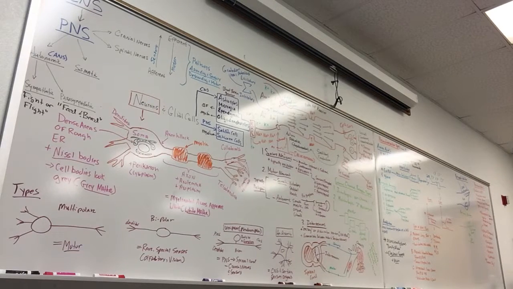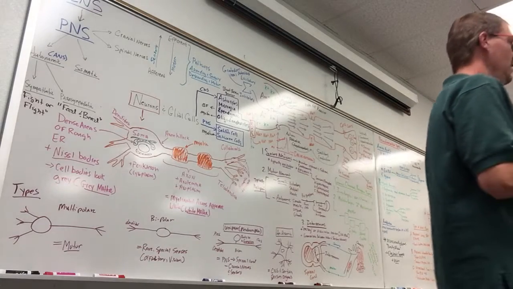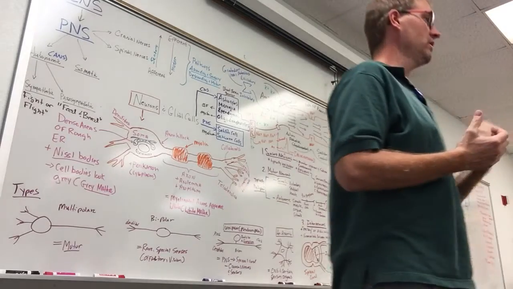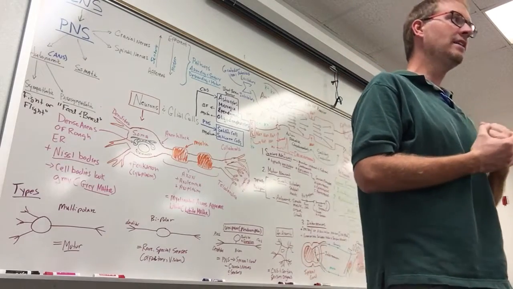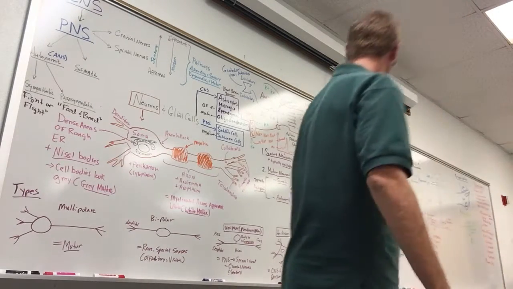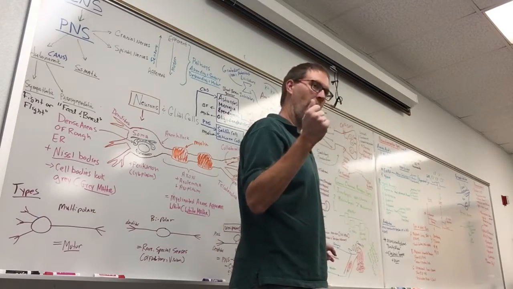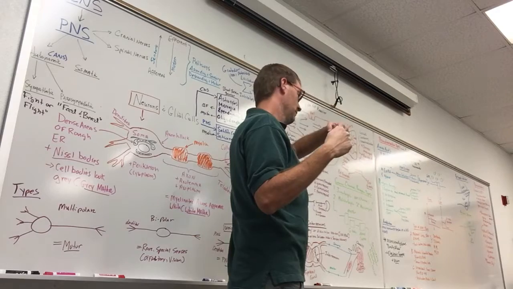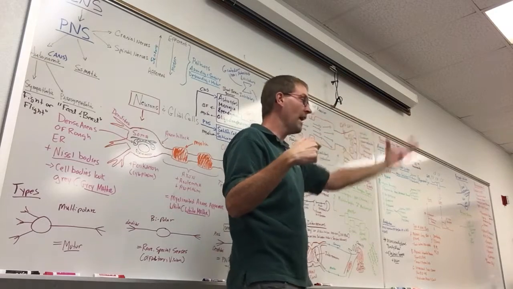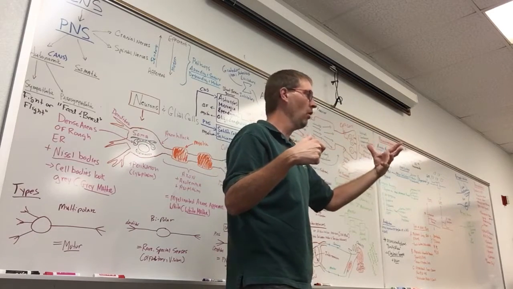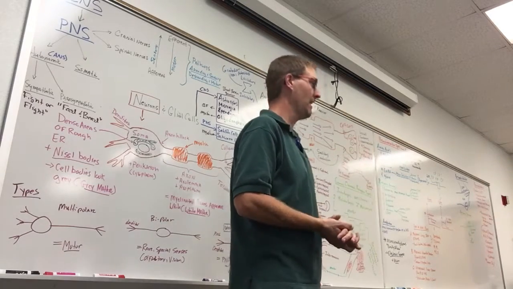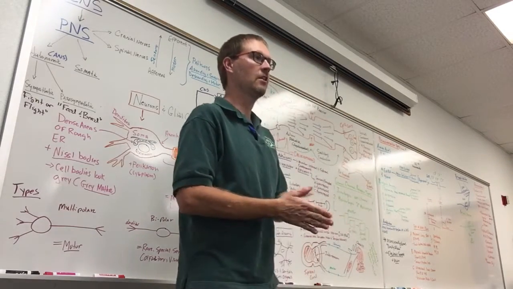Ow! Then you started feeling the pain. But you reacted before, right? Before you actually experienced pain. Why is that? Because this reflex happened right away, and then of course sensory information finally makes its way up to the brain. Interneurons in the brain then process it and go, oh, we're having some pain here. And then you start experiencing pain. Does that kind of make sense there?